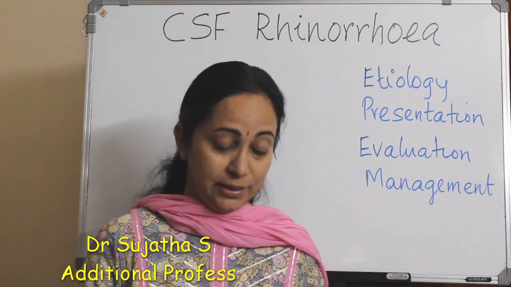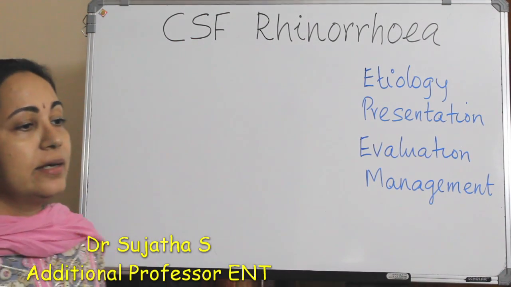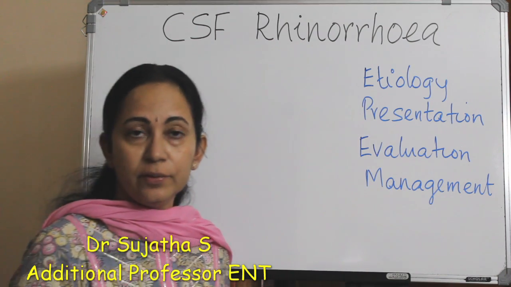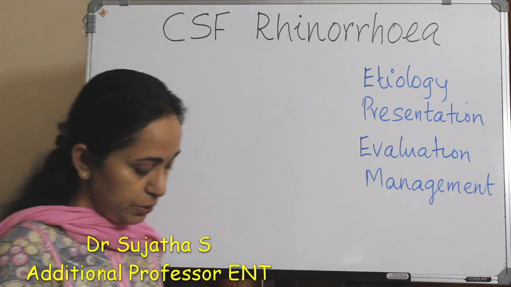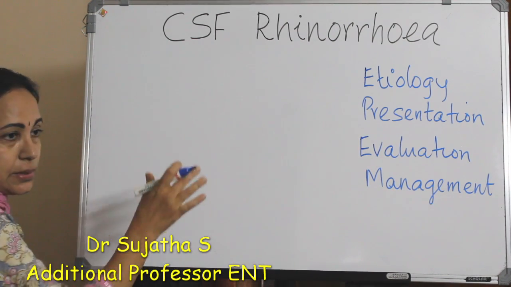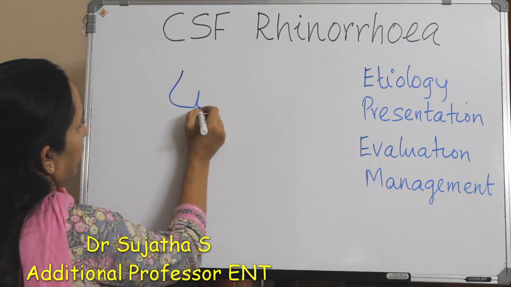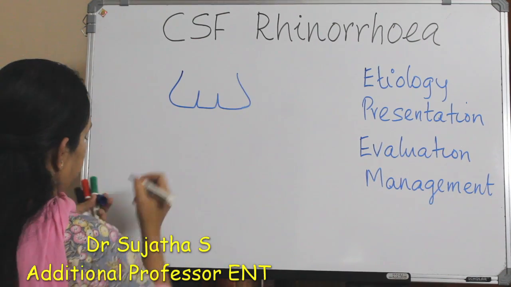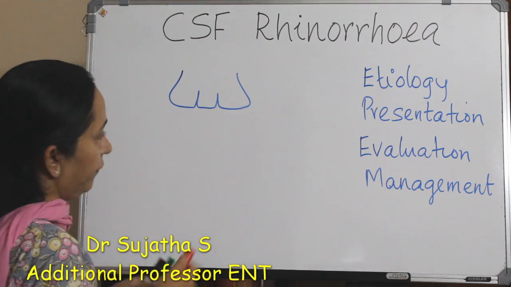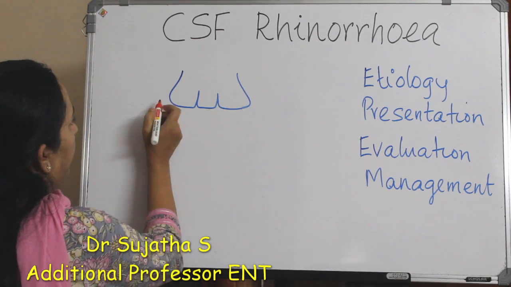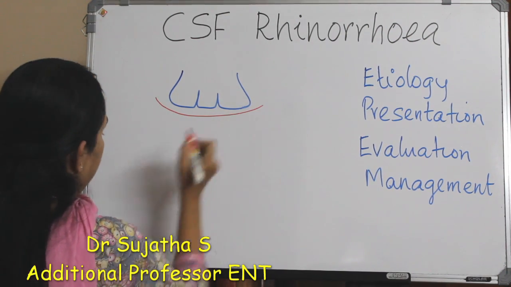Cerebrospinal fluid, or the CSF, is a very clear, colorless fluid which is rich in protein and glucose, and this covers the brain. So there is a first layer of brain and it is covered by a layer of pia mater.